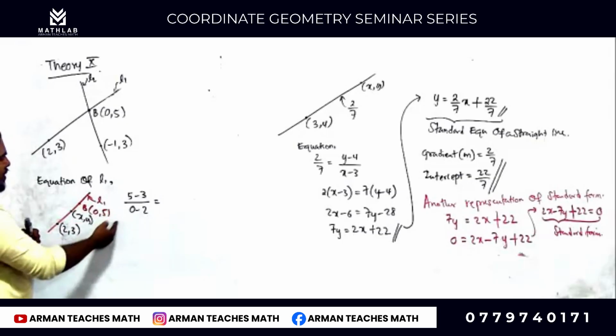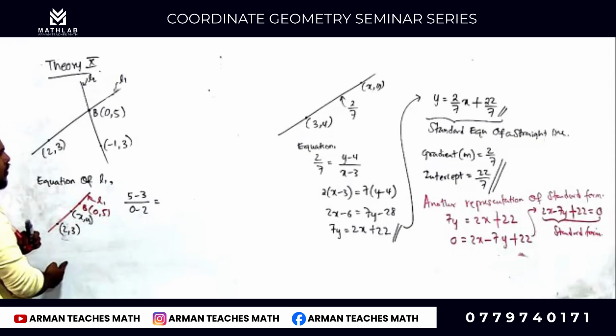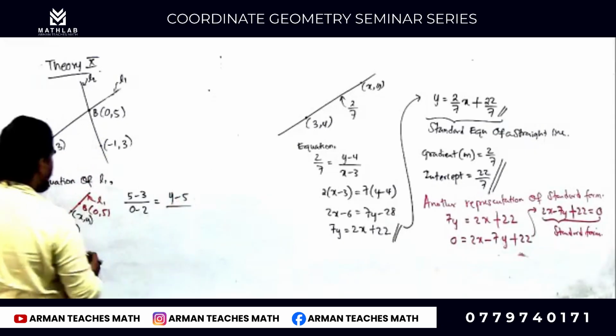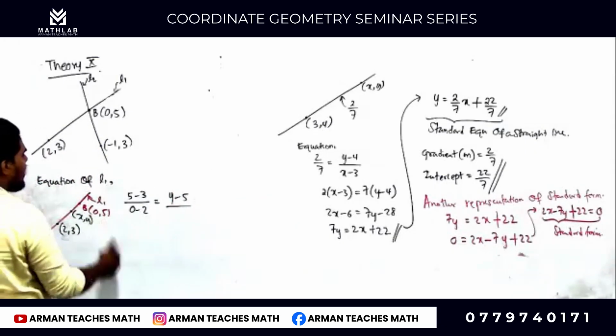Because on a straight line segment gradient doesn't change, it's a uniform fixed value everywhere. So now I can select this one and this one. මෙතන 0 ඉන්න හින්දා simplifications lazy නේ, so I select this: difference of y coordinates y minus 5 over difference of x coordinates x minus 0.